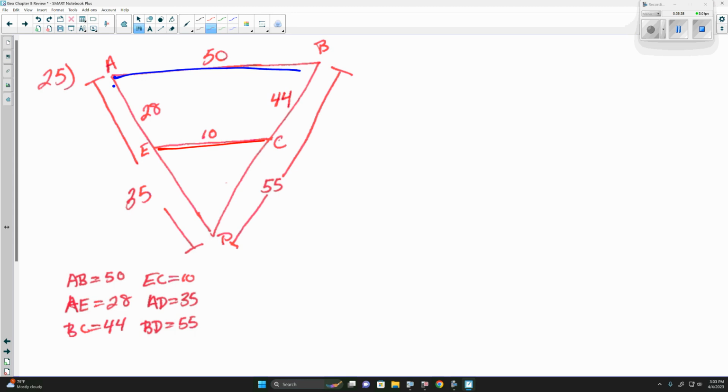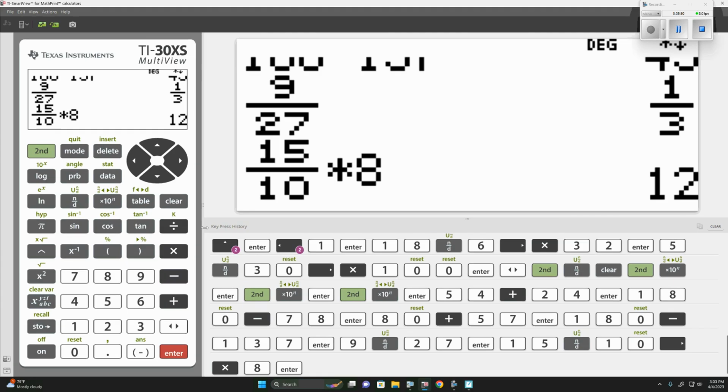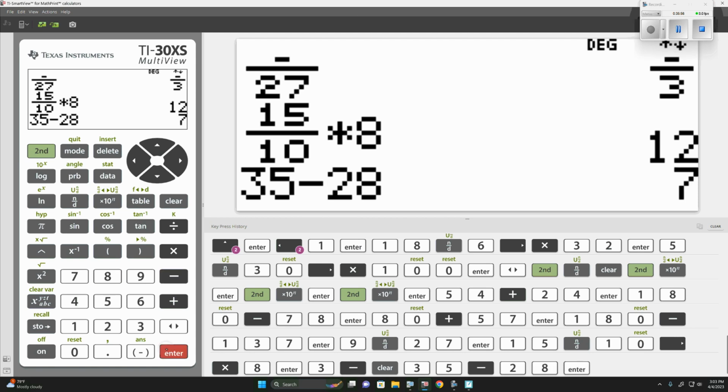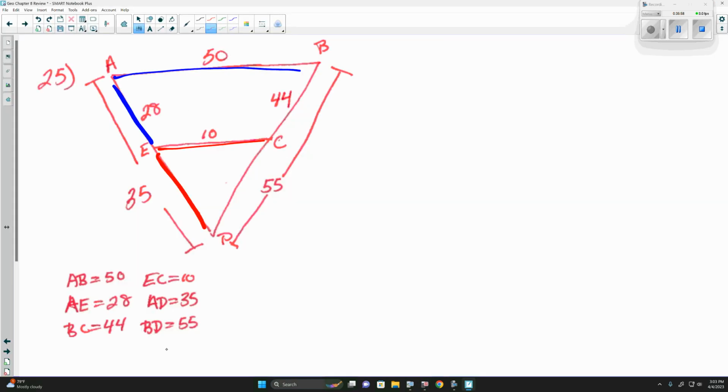Now, this side is 28, but the other side we don't know, but the whole thing is 35, yes? 35 minus 28 is 7.